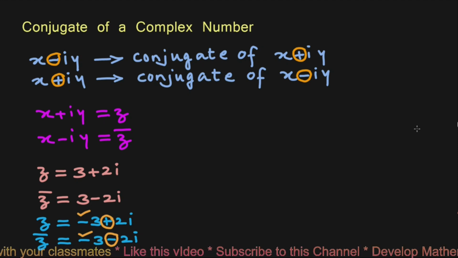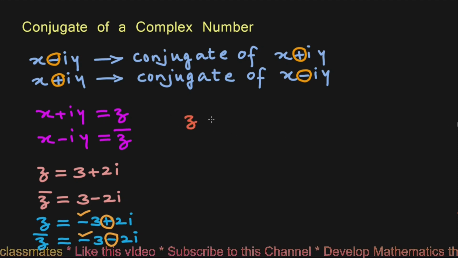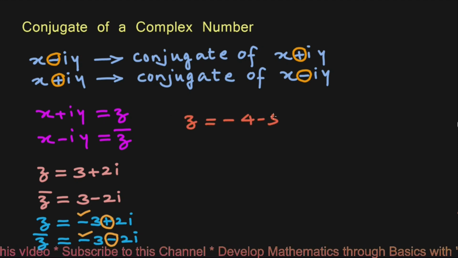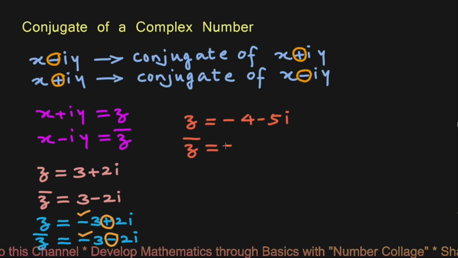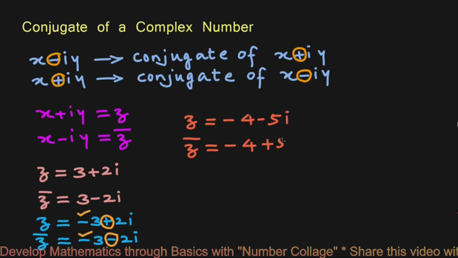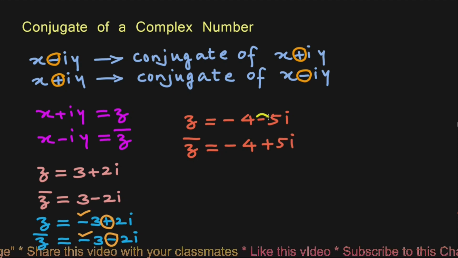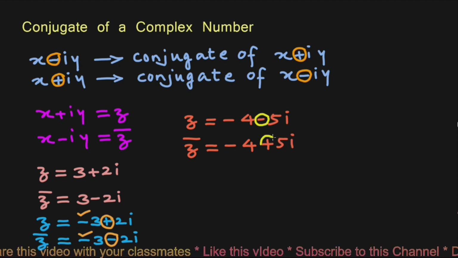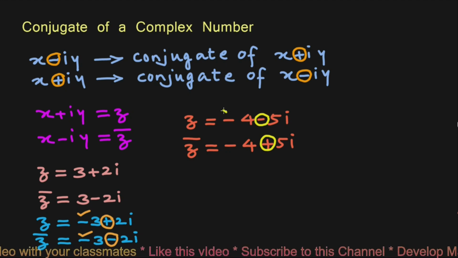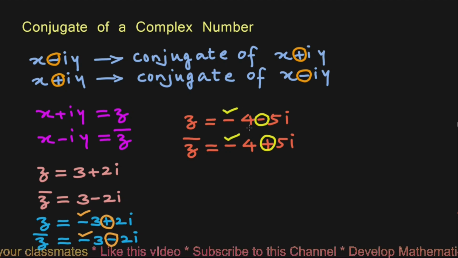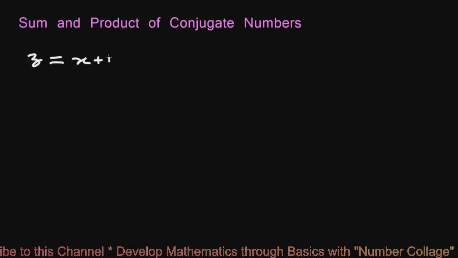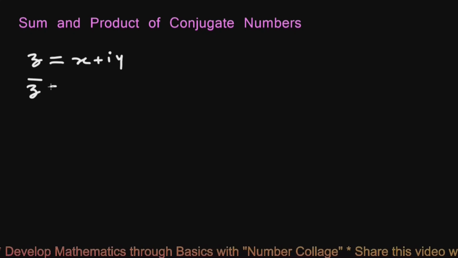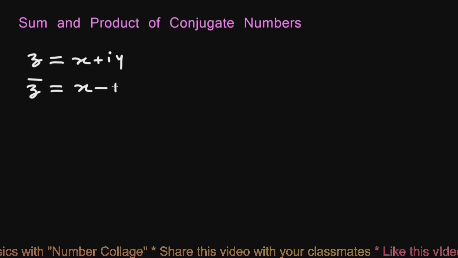On the same counts, if z is minus 4 minus 5i, then its conjugate z bar will be minus 4 plus 5i. Here the sign of the imaginary part only changes while the sign of the real part remains the same.